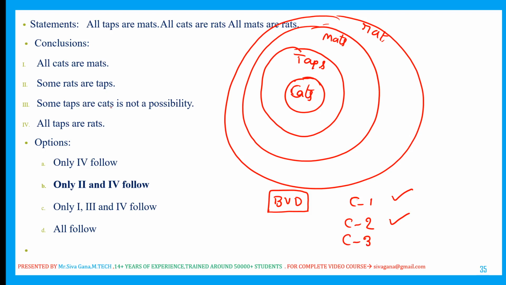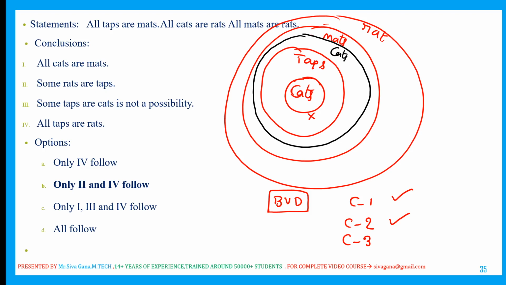Conclusion 3. Some taps are cats is not a possibility. Some taps are cats. Yeah, there is a possibility. If I draw these cats like this, I'm changing the color for better presentation, there is no change to the statements. In that case, some taps are cats.